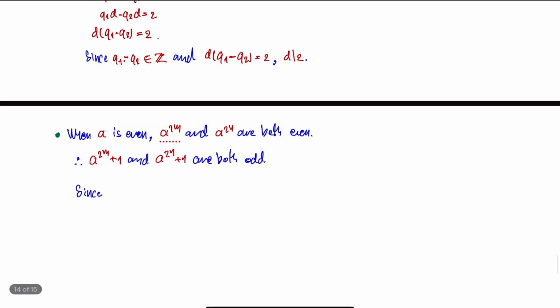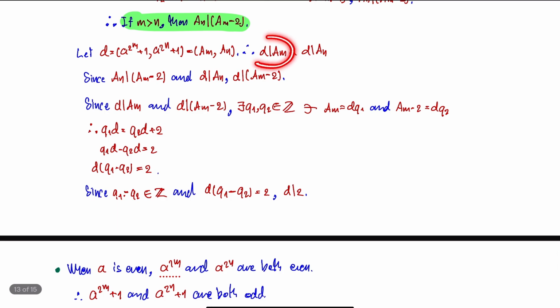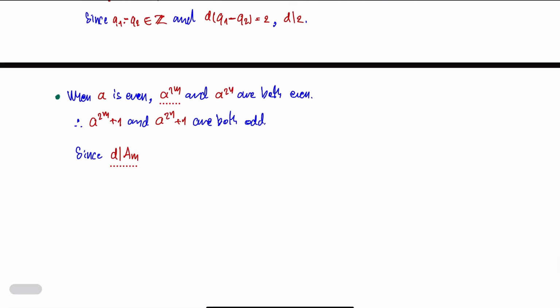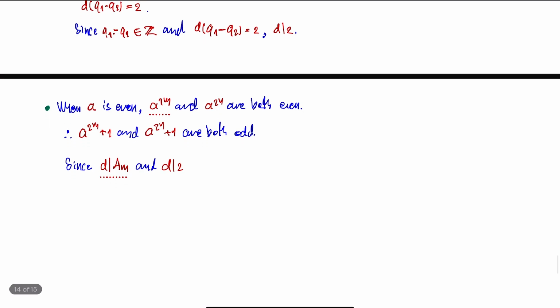And since we have d divides a_m, this one right here, and d divides 2, and a_m is, I forget what a_m is. Okay, it is a^(2^m) + 1, right? a_m is odd, but d divides 2. So d divides an odd number and d divides 2. a_m is odd, so that means that d equals 1, right?